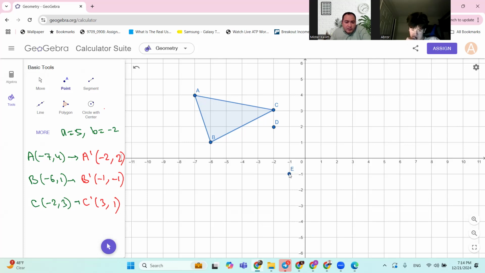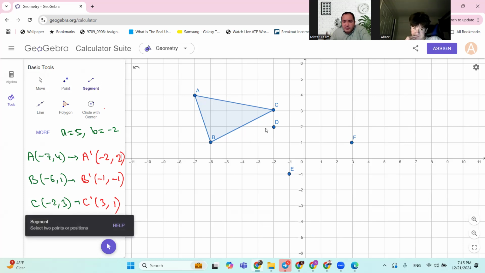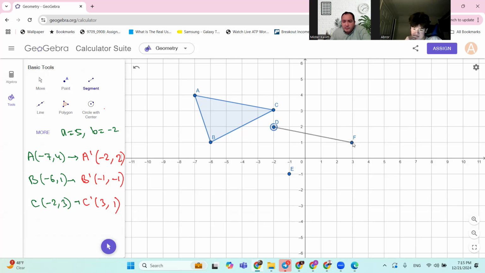And 3, 1 is here. Now if I connect these points, that will be our new triangle. Let me connect this. All right, now let me change this.